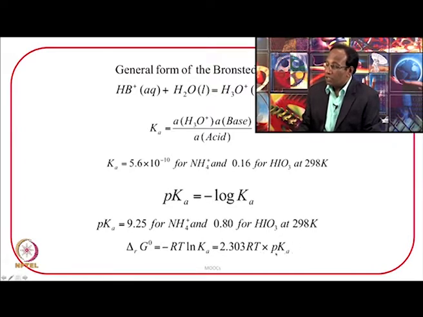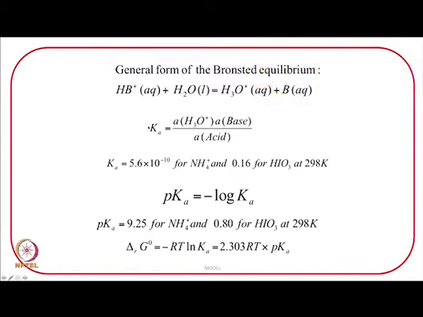So, from pKa we can also talk about the standard reaction Gibbs energy. The concept of pKa or Ka is very important, because essentially Ka defines how much hydronium ion is present in the solution, and of course how much base and acid is also present in the solution.